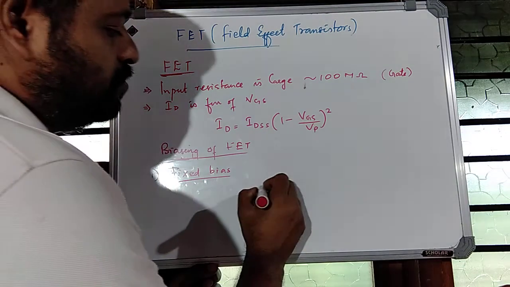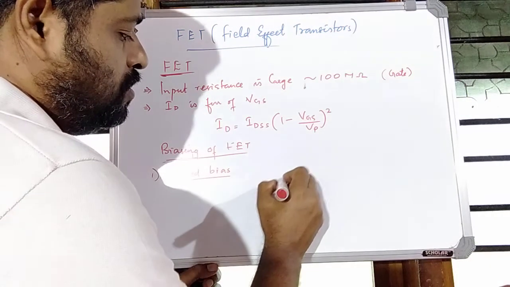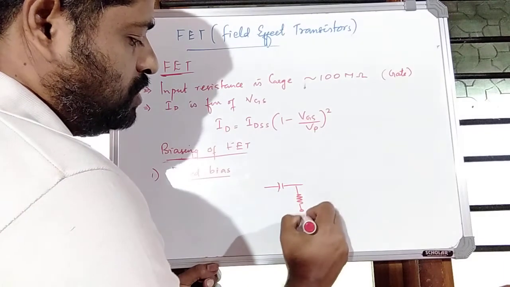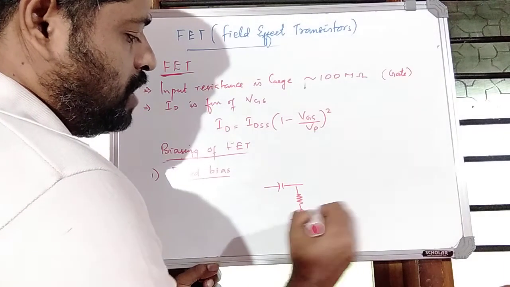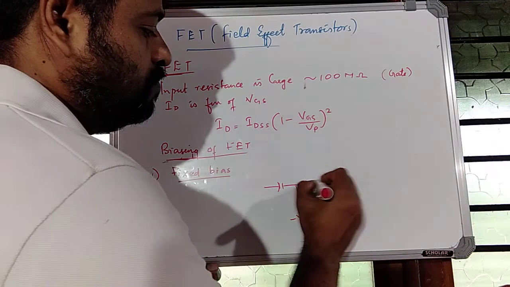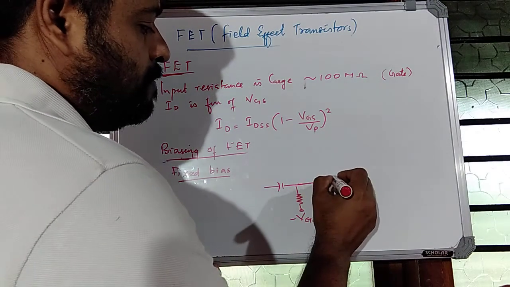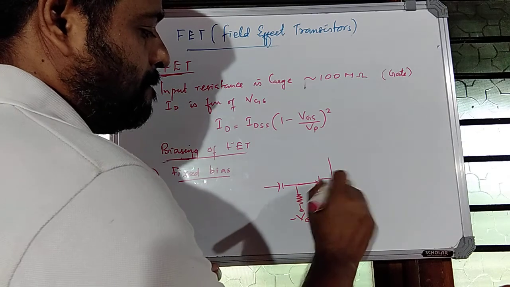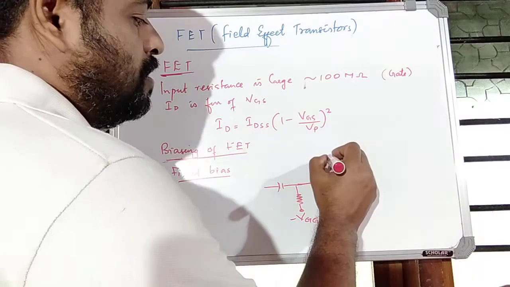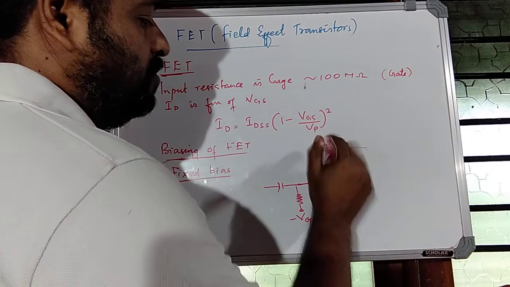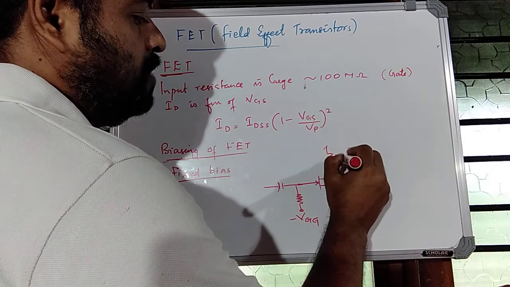So when doing fixed bias, we will use a constant voltage source, that is VGG. Minus VGG is connected to the gate terminal. And there will be drain resistance RD.